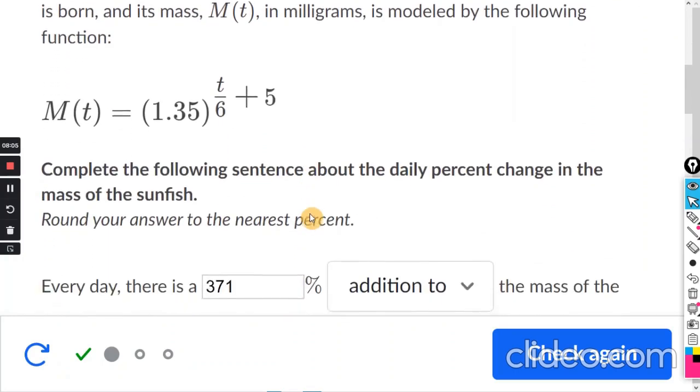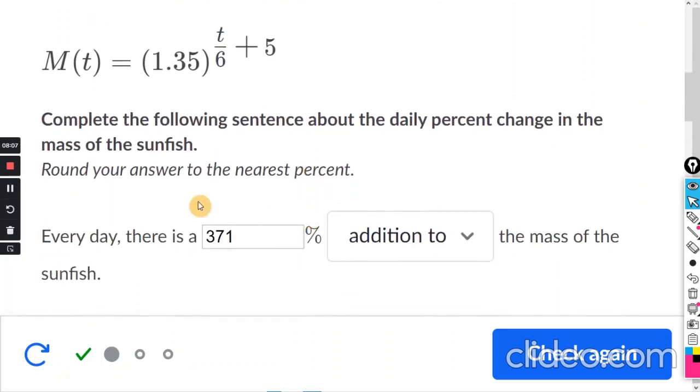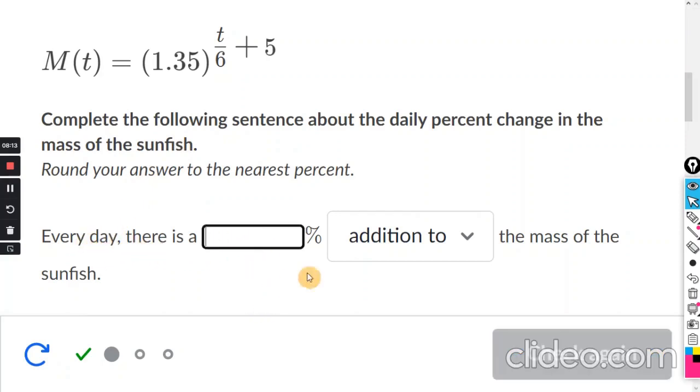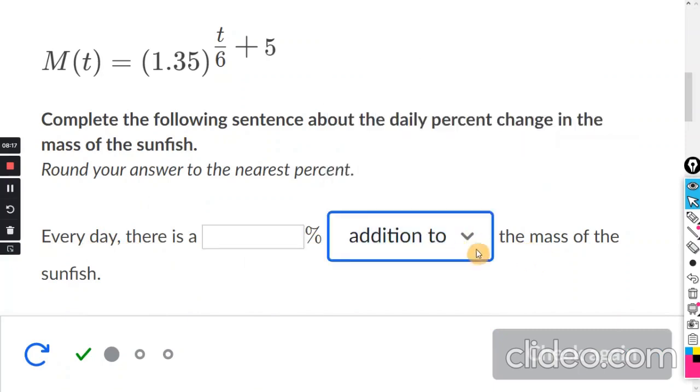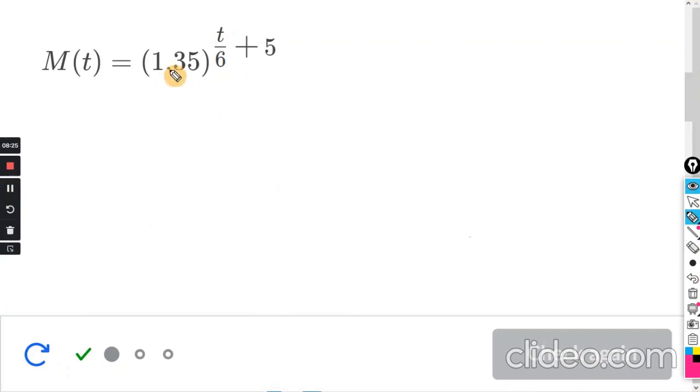All right, so we're looking at this here, and they want to know each day there is a blank percent in either addition to or removal from the mass of the sunfish. Okay, and you round to the nearest percent. So all we have to do is see what it's being multiplied by each time or each day. So let's start at t equals 0.